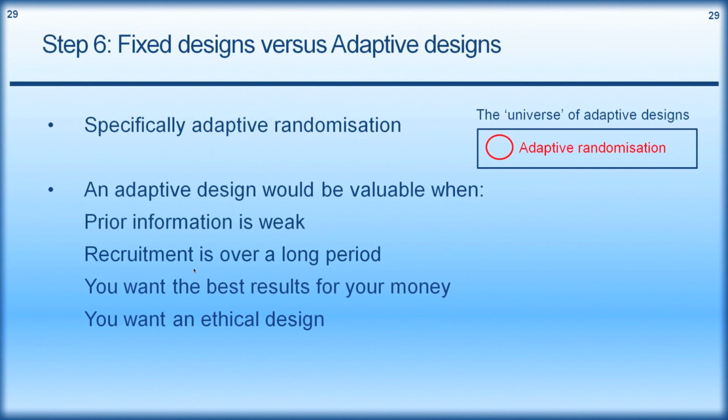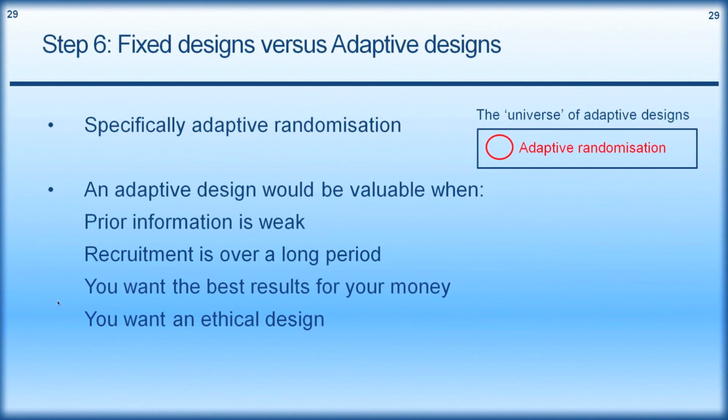Another reason why we might want an adaptive design is when the recruitment is over a long period relative to the endpoint. If we have time to get data in, to look at it, to then adjust the randomization for the new patients coming in, that's going to work well. Obviously, if recruitment is happening over a couple of months and the endpoint takes 6 months, then it's not going to be so useful.